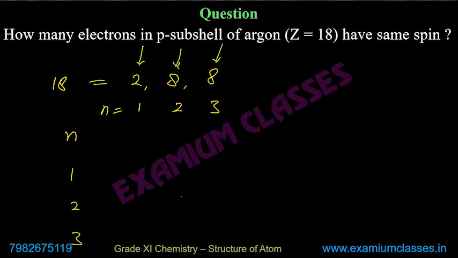If all shells are completely filled, then you apply the logic that the first can have only s, the second shell can have s, p, and the third can have s, p, and d. It means p you have only here and here. In two shells of argon, you have p: the second shell and third shell both have p.